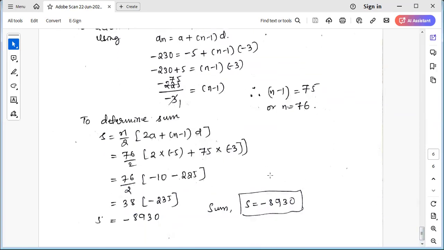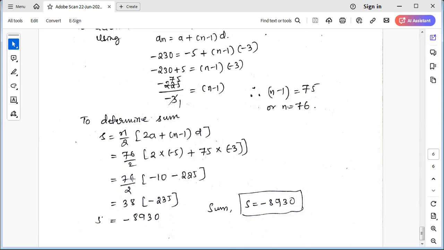Now you go to the sum like this. S is equal to n by 2 into 2a plus n minus 1 into d. n is 76, so 76 divided by 2 into 2 into a is minus 5 plus n minus 1 is 75 into d is minus 3.